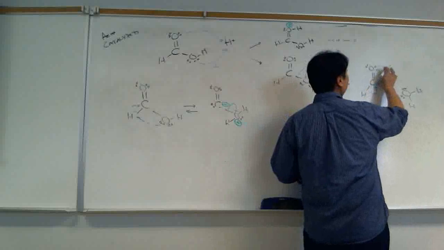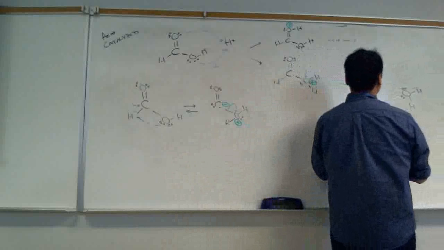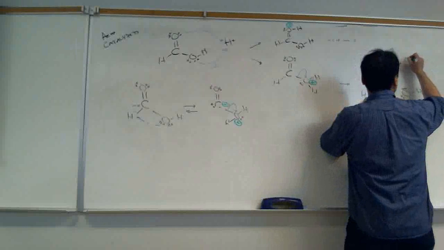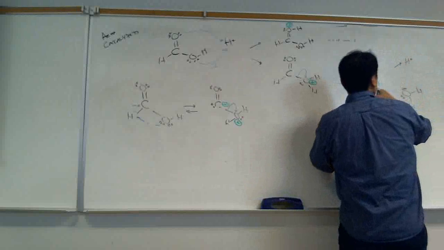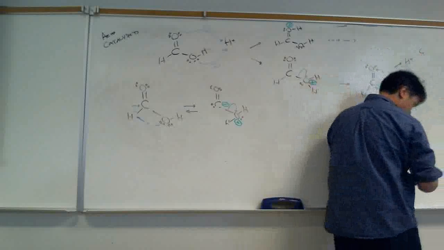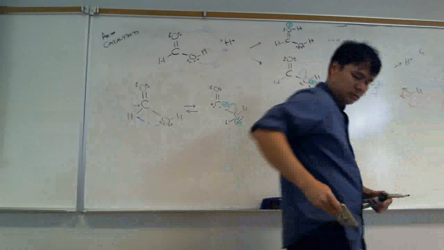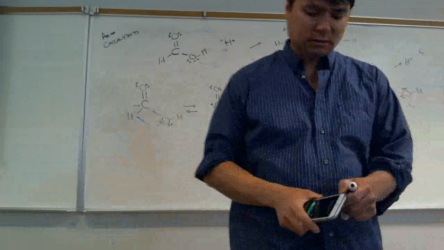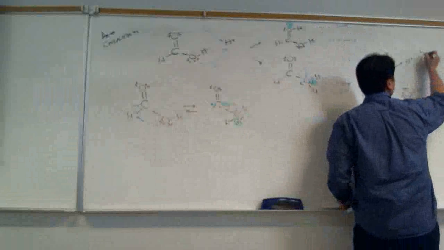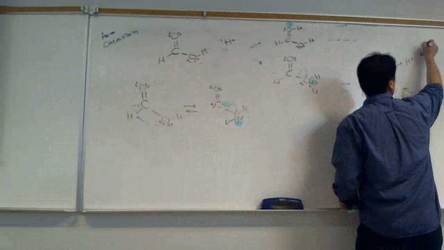So let's go with that. All this could be happening at once as well. If this carbon pulls the electron density from this hydrogen, we end up with this structure.